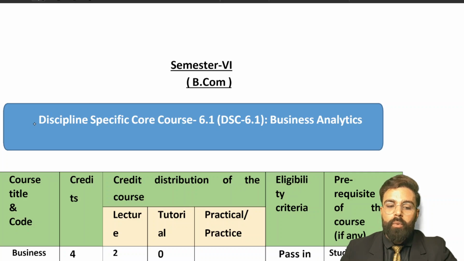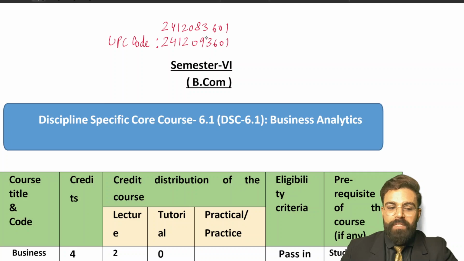So I'm just writing here the UPC code for this paper: 4120936601. Another UPC code: 24120836601. So we have two UPC codes.